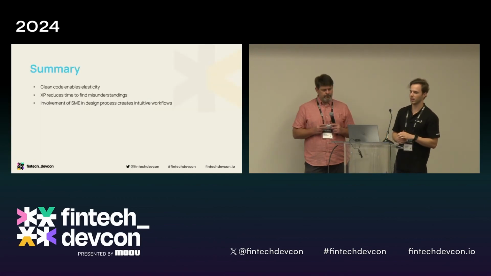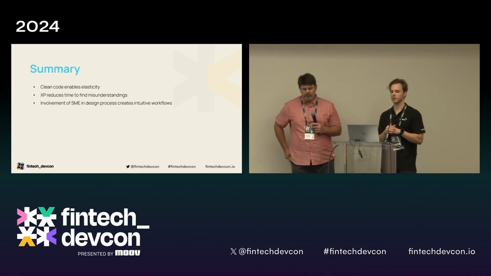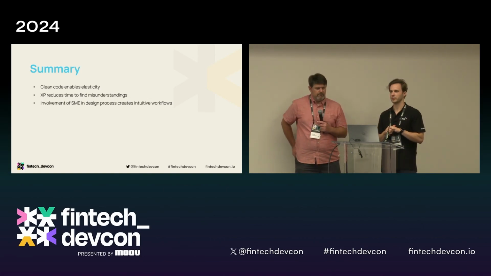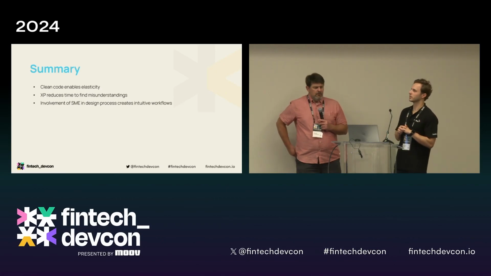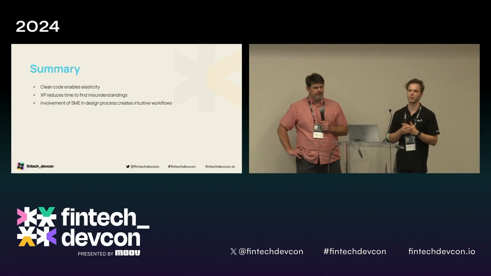So I will give a summary, but we'll also share some additional learnings. In our case, keeping the code clean actually enabled us to pivot mid-project multiple times, because it happened that we as a development team misunderstood the project requirements, and by demoing often we were able to fix them.